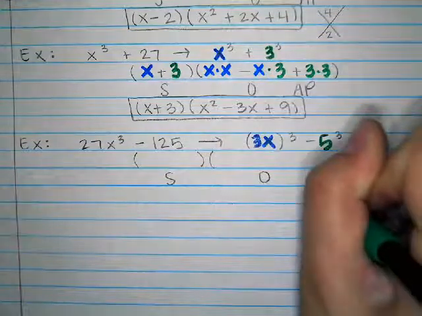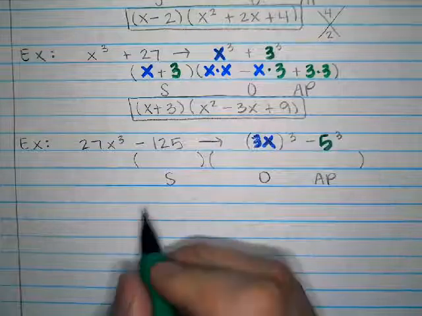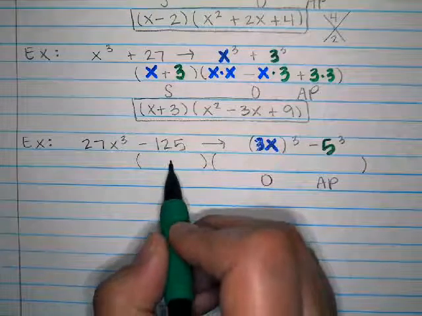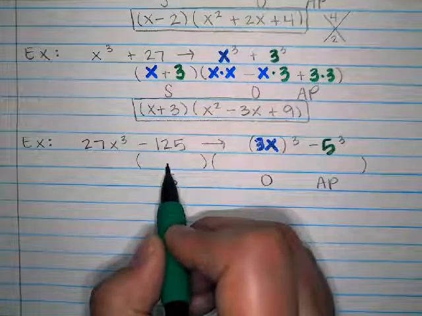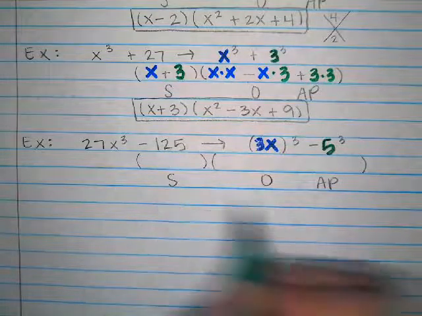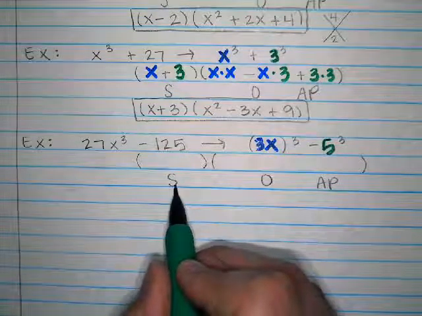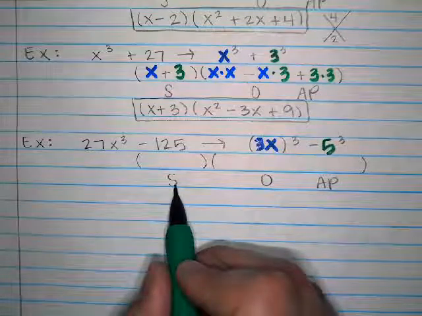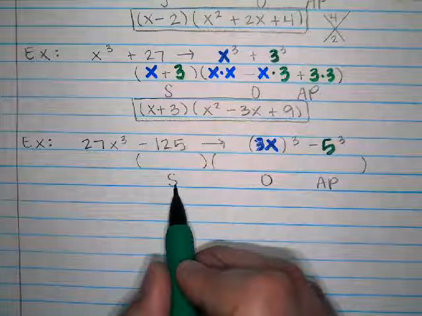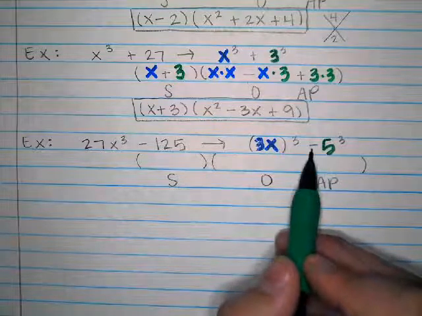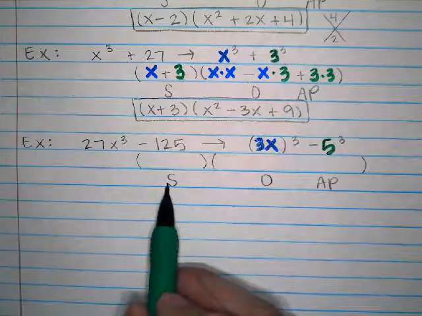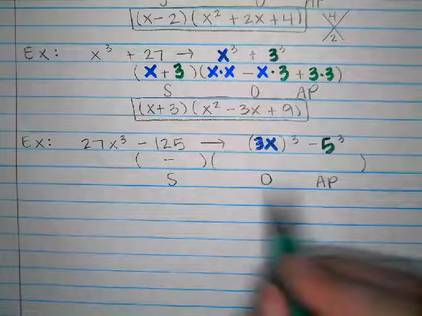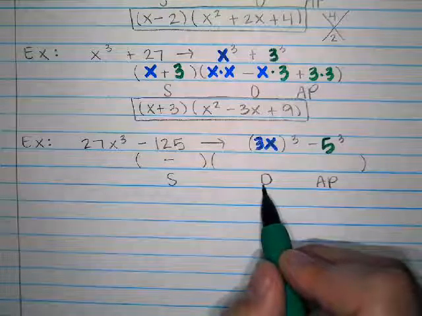So what should I put for S? If this is a minus, what do I put for S? Minus, okay, same sign. What do I put for O? Plus, okay. And then for AP, I put a positive. Okay.